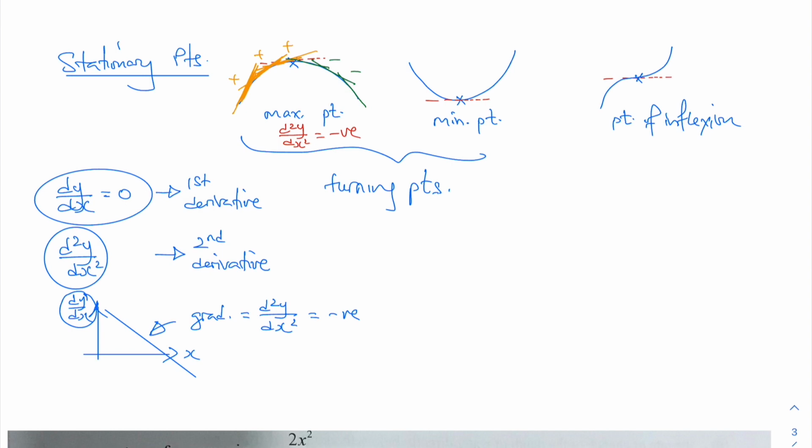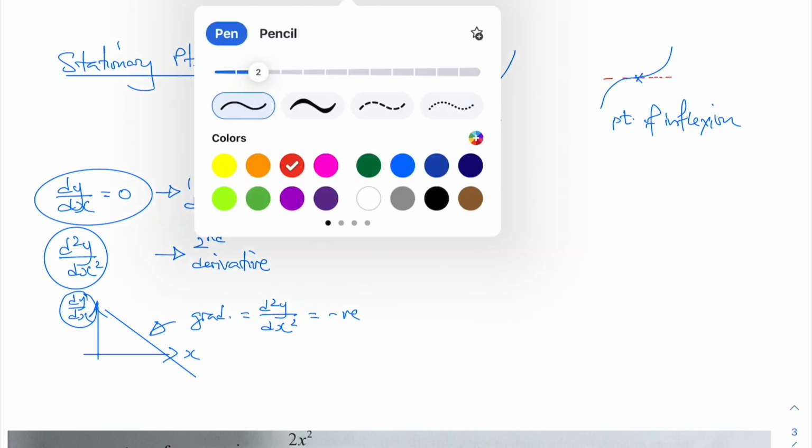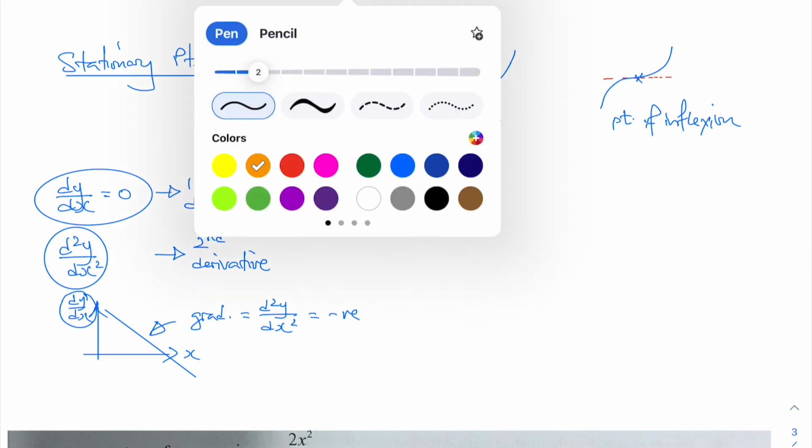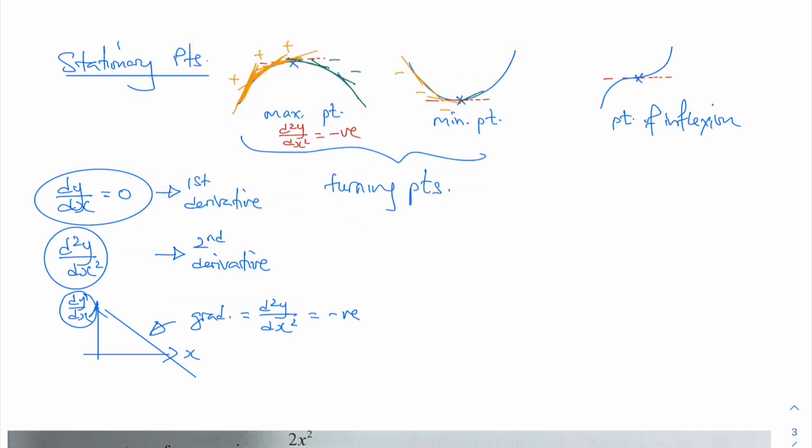Are you following? Now we look at the minimum point. The gradient of the tangent is actually negative, and it's getting gentler and gentler, and it moves to the next section, which is positive.